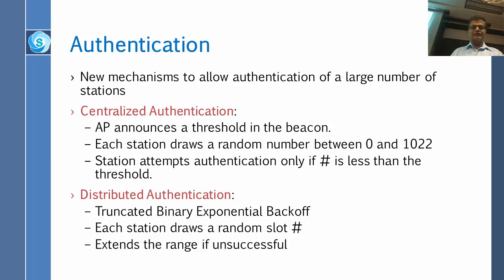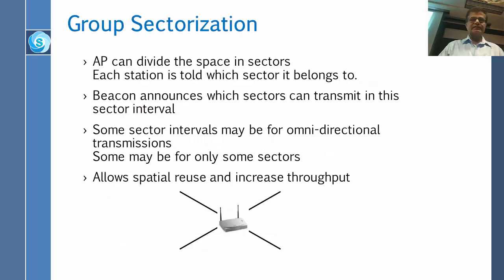The main new stuff here is that for authentication, there is a backoff. And group sectorization is that an access point generally could have many sectors, and each station will be told what sector they belong to, and then the stations will be told when they can transmit in each sector. Okay, so remember what this is called.